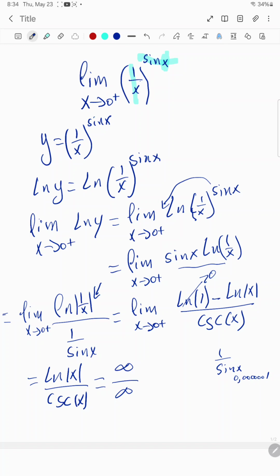And 1 divided by 0.00001 is a huge number, so it becomes infinity divided by infinity.